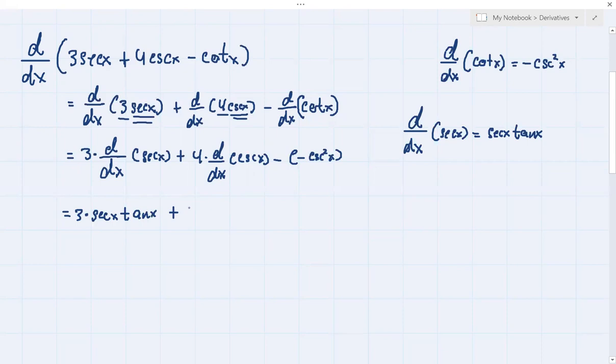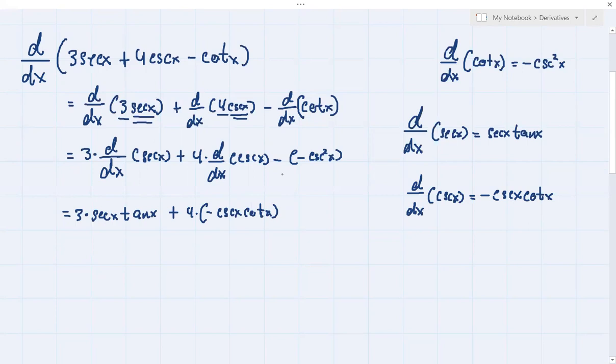Okay? Plus 4 times derivative ng cosecant x. So, recall natin, ang derivative ng cosecant x, it's actually negative cosecant x times cotangent x. So, therefore, we will have negative cosecant x times cotangent x.